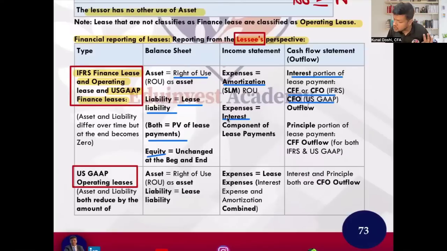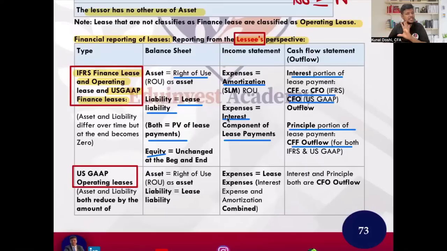But the principal portion of the lease that you pay, like debt repayment, is CFF. It's a CFF outflow under both. Correct? And the interest that you pay is called an expense in the income statement. So in the income statement, there is amortization of the asset, that is right of use of asset, and interest expense is also put up.